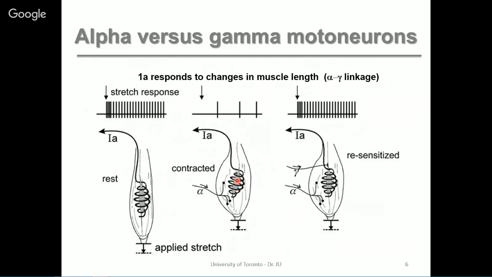So I tried this yesterday. I'm hoping it still kind of works for you. If this is the muscle that you're looking at, this thing in the middle detects any kind of tension or any pull. So when it pulls on it, this is the muscle spindle in the middle, right? And this is your muscle. And what we've done now is we've applied weight, a passive stretch, and it's done this.